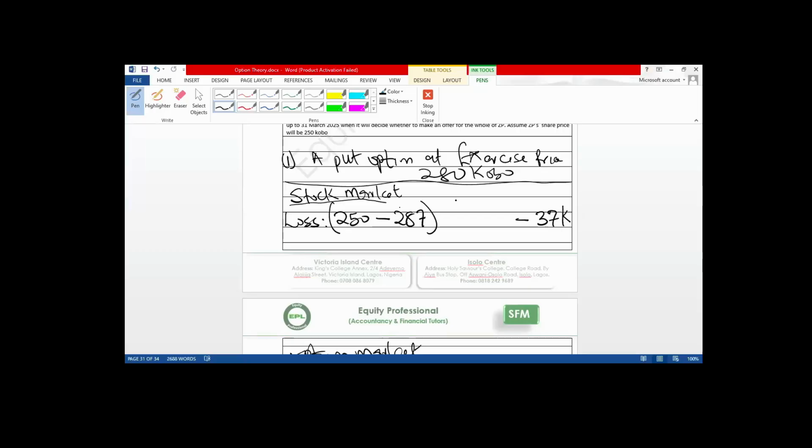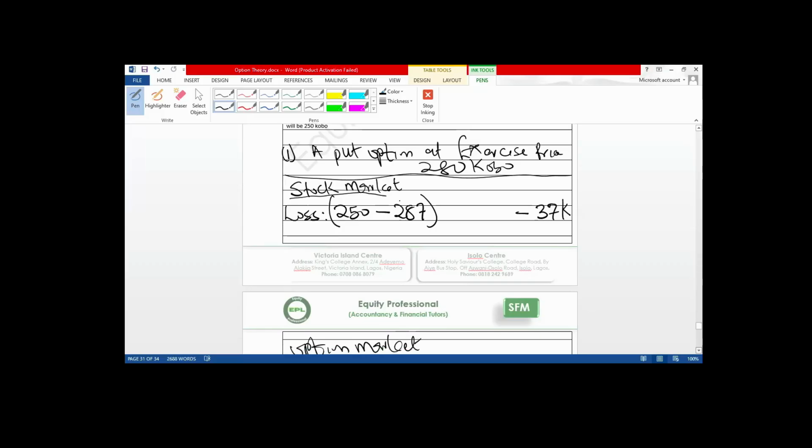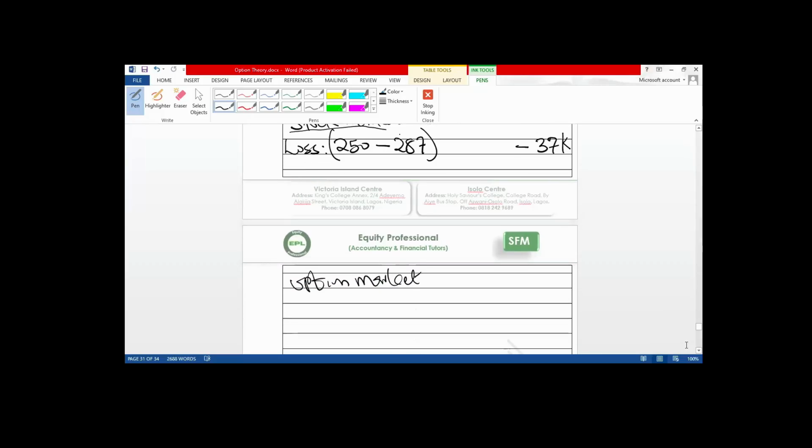Exercise price 280. Stock price at the end of March 250. I'm going to exercise my right. I'm going to sell for 280 what is currently worth 250.